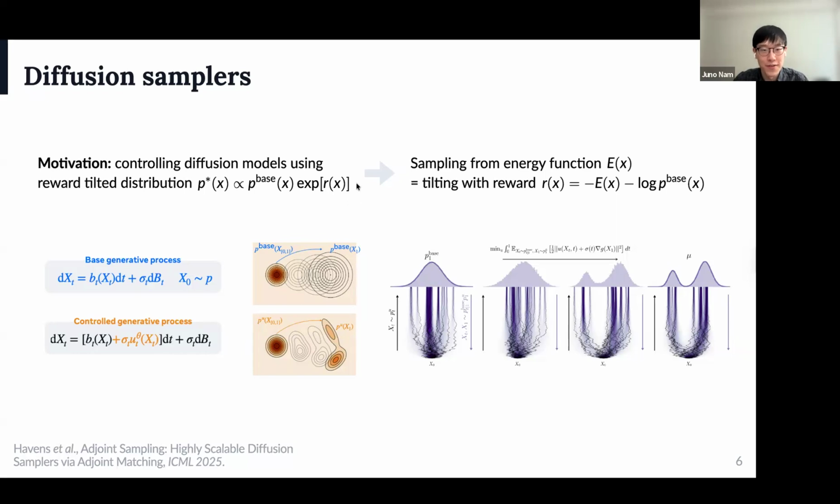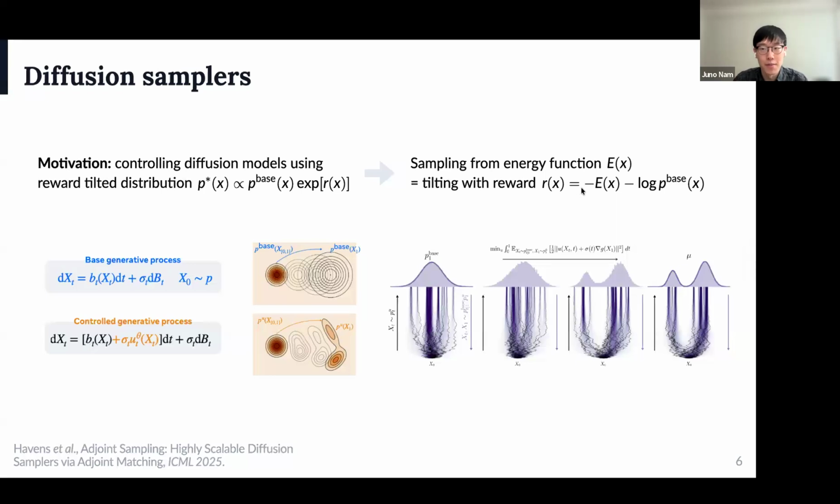Usually this reward function can be something like, for image generation models, a quality oracle. And specifically, for the case when we want to sample from an energy function, we essentially want to tilt the diffusion process with the reward that is given by the negative energy function and the base density term, so that our reward-tilted distribution becomes the Boltzmann distribution given by the energy function.